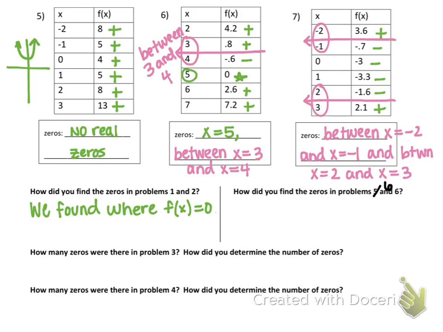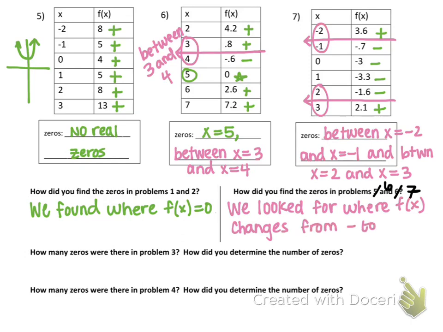How did we find the zeros in problem 6 and problem 7, so fix that? We simply looked for where f of x changes from positive to negative or negative to positive. That means that our graph must have crossed the x-axis somewhere between two x values.